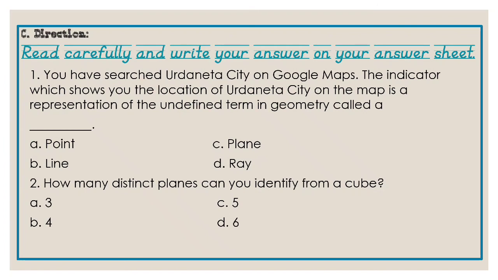A, point, B, line, C, plane, or D, ray. Number 2, how many distinct planes can you identify from a cube? A, 3, B, 4, C, 5, or D, 6?